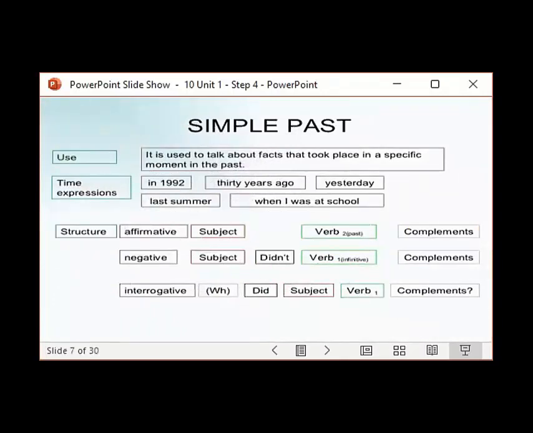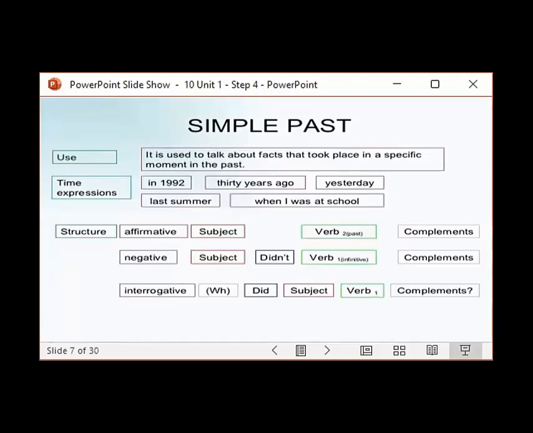Now, when can we use past simple? We use past simple to talk about facts that took place at a specific moment in the past.